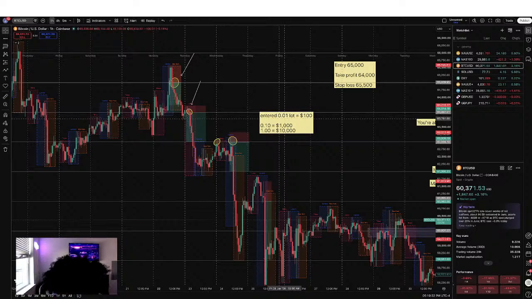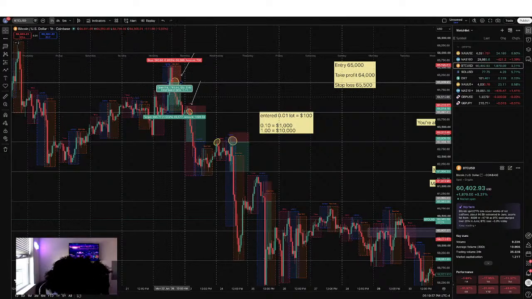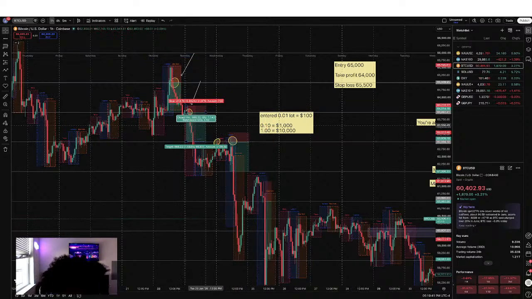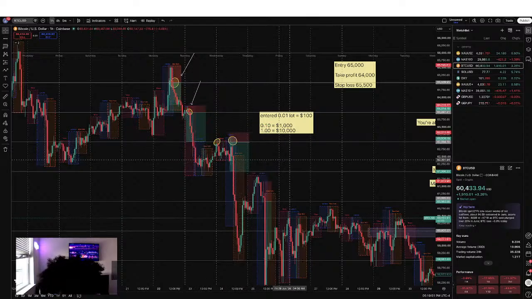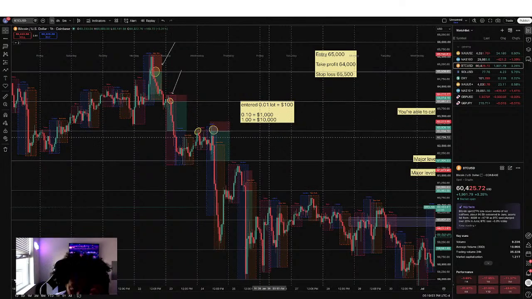For this particular trade, I would have risked about $58 to make $100. For this particular trade, I would have risked about $20 to make $100. This one right here, $30 to make $100. So you can see, you don't need a lot of money when it comes to trading.